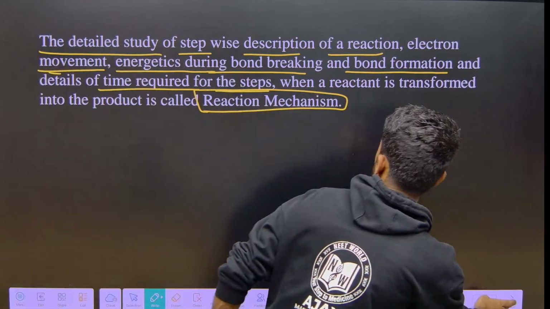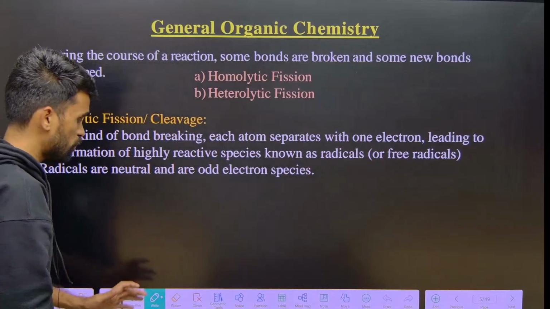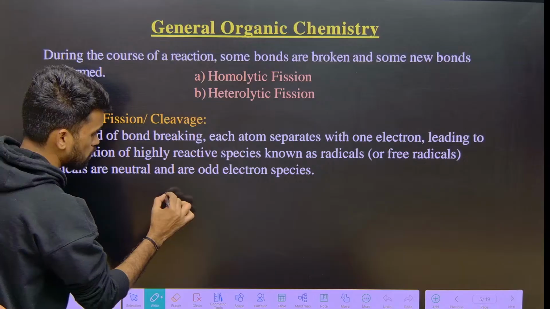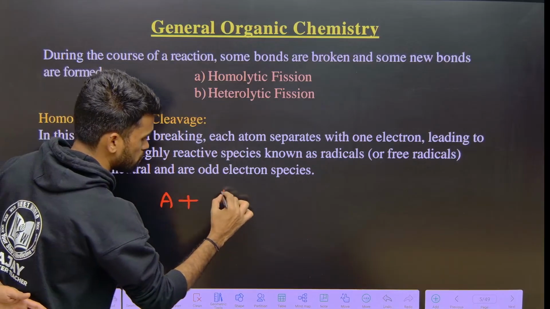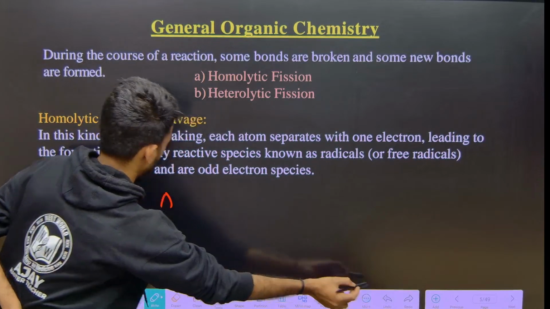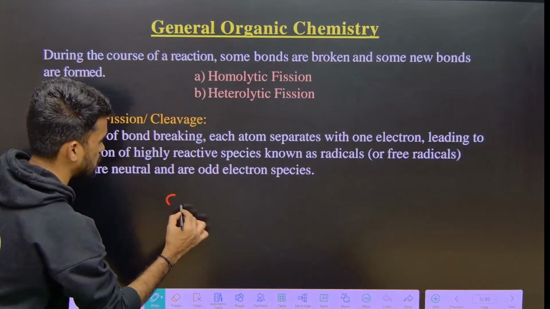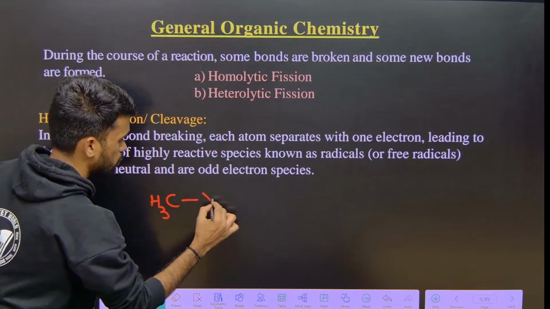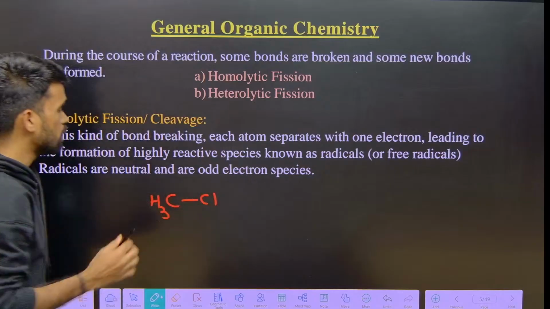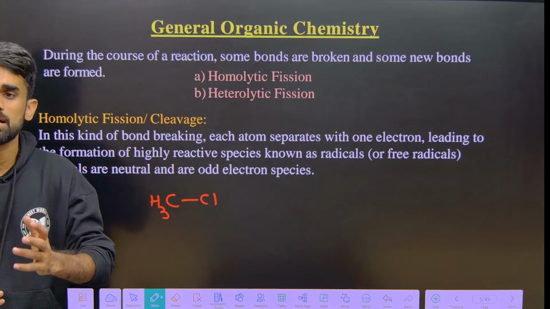Now for example, I have a reaction between something like AB. Let us take one molecule itself: methyl chloride, a methyl halide. Now I want to prepare some alcohol, methyl alcohol.